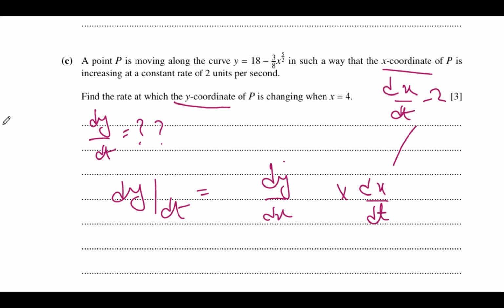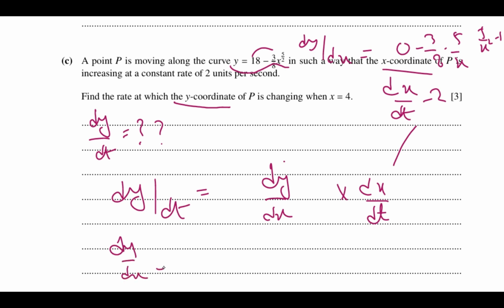Differentiating y equals 18 minus 3 over 8 x power 5 by 2, we get dy by dx equals 0 minus 3 by 8 multiplied by 5 by 2 x power 5 by 2 minus 1. So dy by dx will be minus 3 by 8 multiplied by 5 by 2 x power 3 by 2.